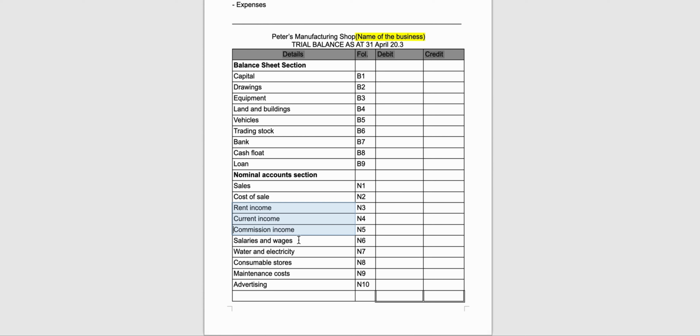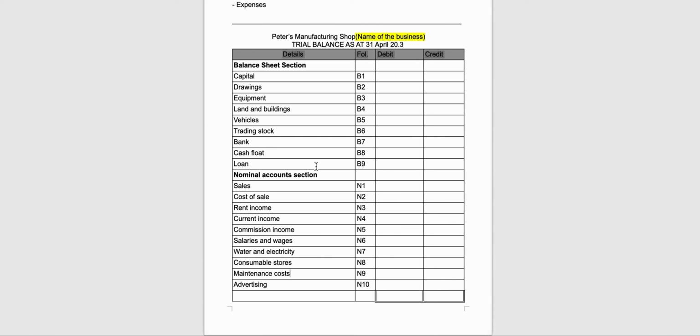After you're done listing all your incomes, you move on to your expenses, as I have done here. My expenses are salaries and wages, water and electricity, consumable stores, maintenance costs, advertising. Any other expense that is given to you, you list it here. Okay, I hope you are with me.